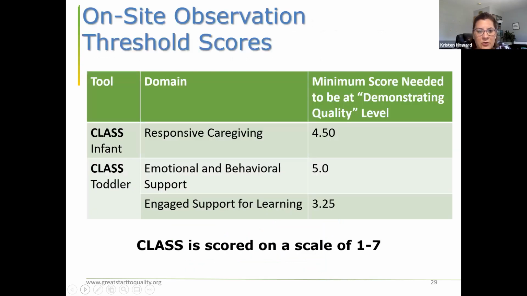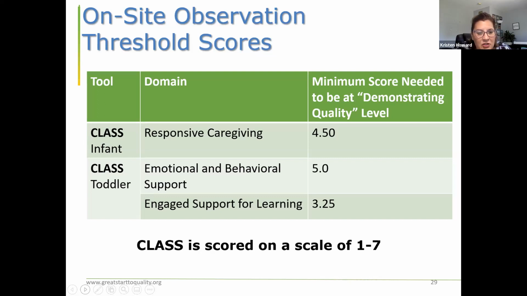Righty, so I talked a little bit about those minimum scores needed to be at that demonstrating quality level. Here you will see just infants and toddlers, because that's what we're working on today. So you'll see those domains that Jennifer so eloquently shared with you. Responsive caregiving for the infant, you have to get a score of at least a 4.5 to move into that demonstrating quality level.